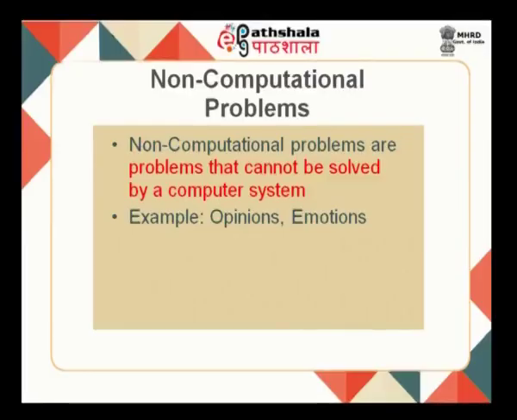A good example of a non-computational problem is opinion giving or emotions. For example, I can ask a computer to multiply two long integers, it can solve it in a fraction of a second. I can also do face recognition using computers with a little bit of difficulty, but I can never write a program so that the computers can offer opinions, for example, about Indian literature or Tamil classics.